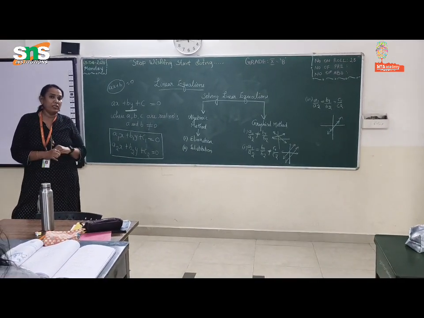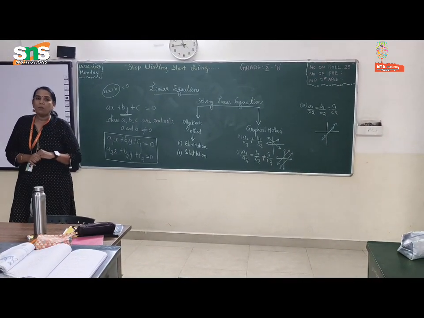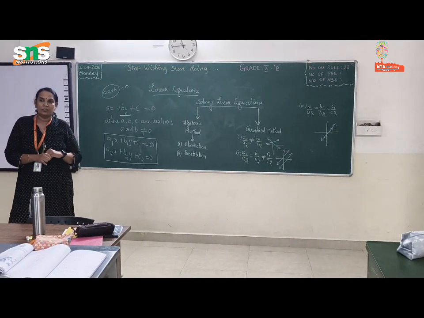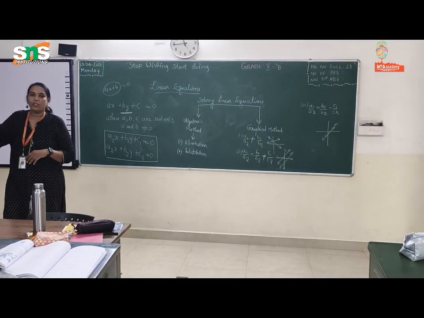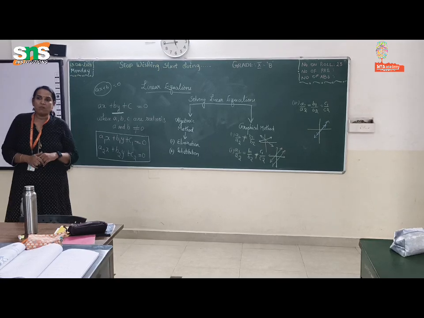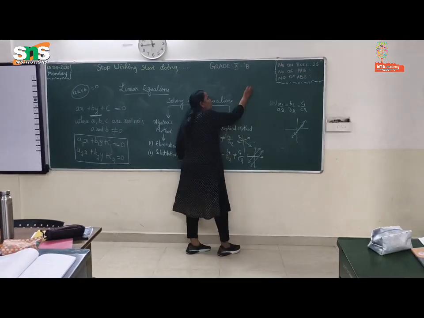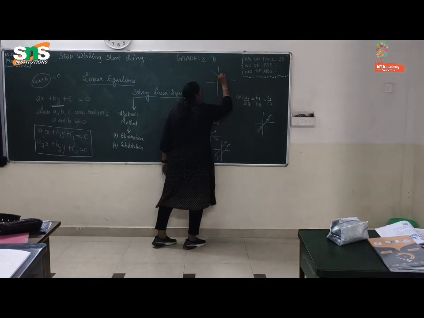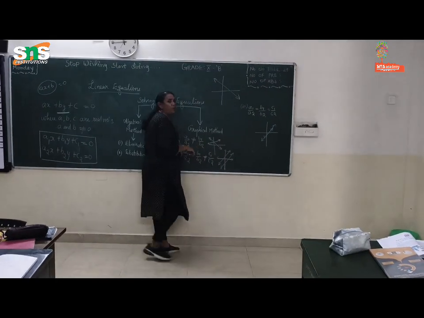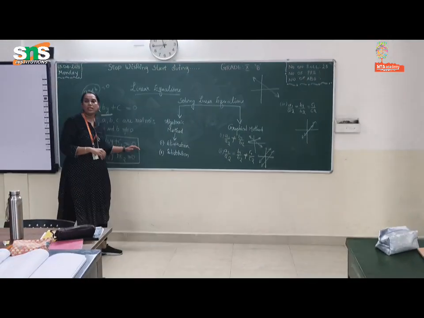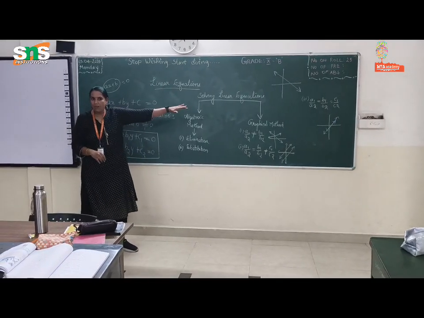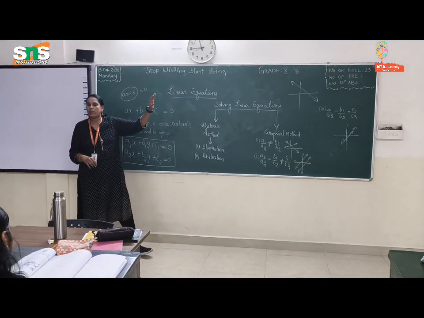Quadratic polynomial means a parabola, cubic polynomial means two parabolas continuously. Same thing, if you plot a linear equation in a graph, always you will get a straight line.